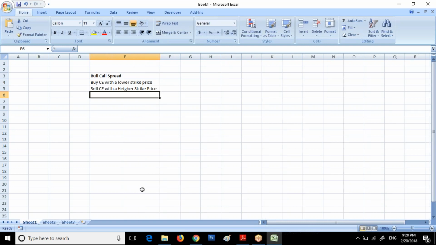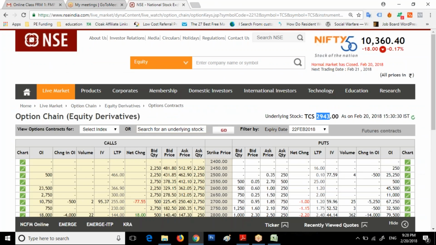Right? So this is the strategy. So let's suppose the spot price of TCS was how much? 29.43. Okay, and we're looking for calls.